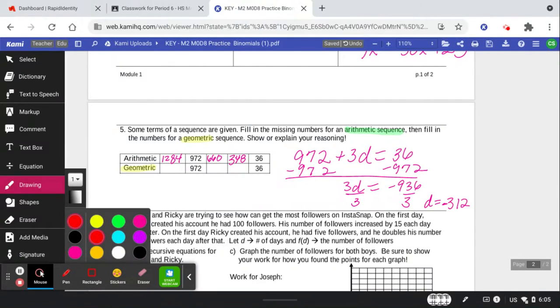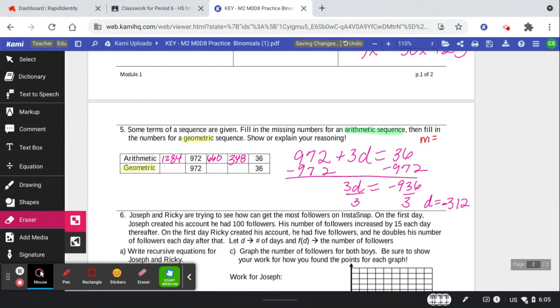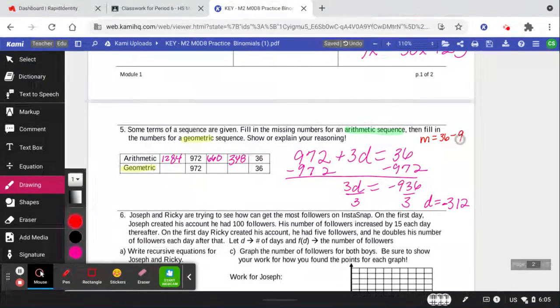Remember how there was another way that some students were doing this? Some students like to do the slope formula way. Where we go y2 minus y1, or 36 minus 972, over, and so these terms would be like 1, 2, 3, 4, 5, over the 5 minus 2, the fifth term minus the second term.